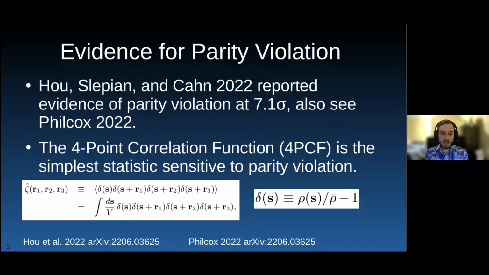The 4PCF is the simplest statistic sensitive to parity violation, and it's measured by taking the ensemble average of these density fluctuation fields, delta, at different spatial locations. What this amounts to is essentially adding up all possible combinations of these tetrahedra and counting the number of right-handed and left-handed ones. These groups actually found an imbalance, which indicated that the large-scale structure may in fact violate parity.